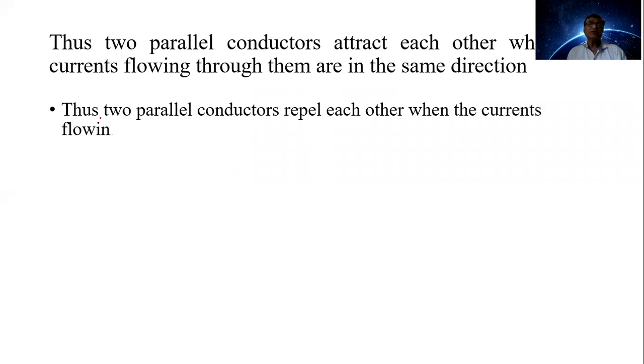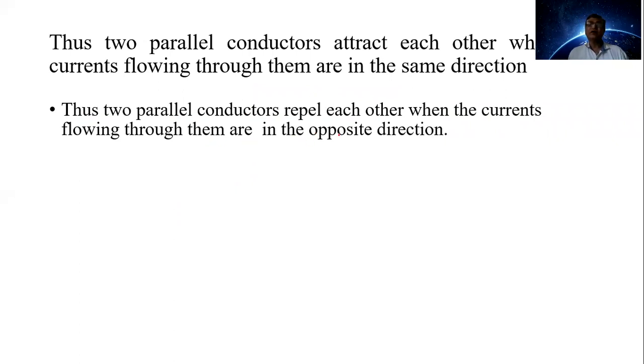That is, we write: two parallel conductors repel each other when the currents flowing through them are in opposite directions. If the currents are in the same direction, the conductors attract each other. If the currents are in opposite directions, then the conductors repel each other.